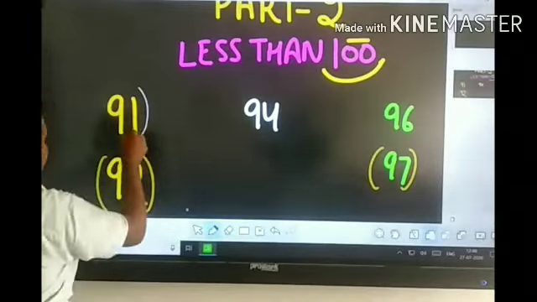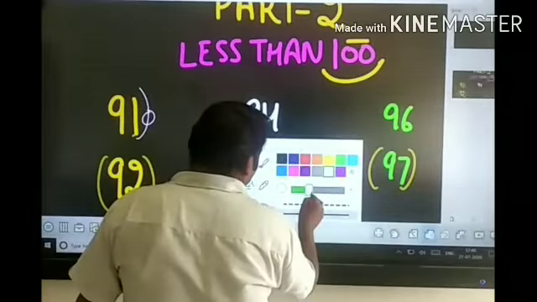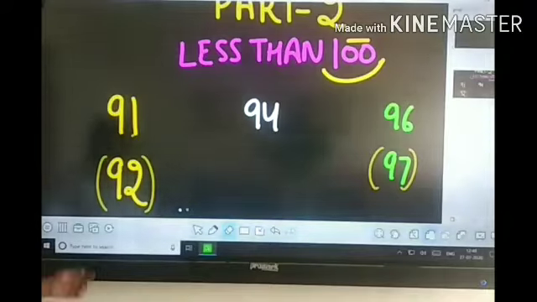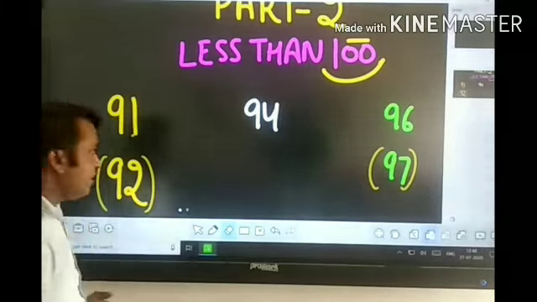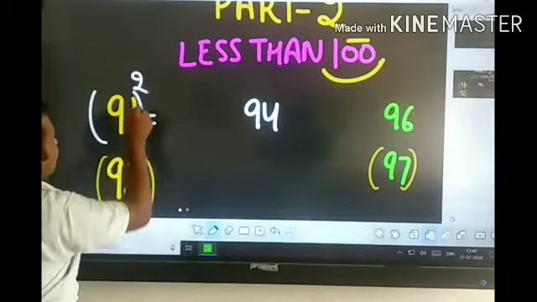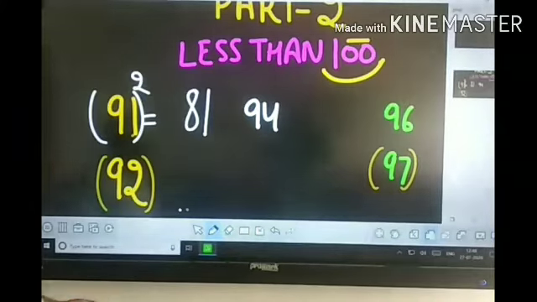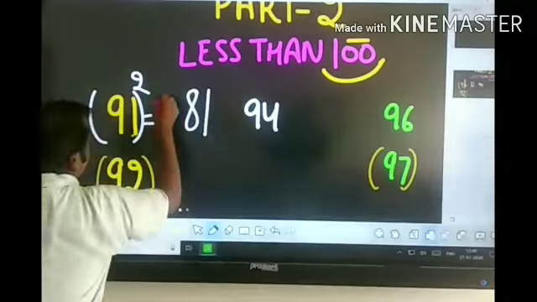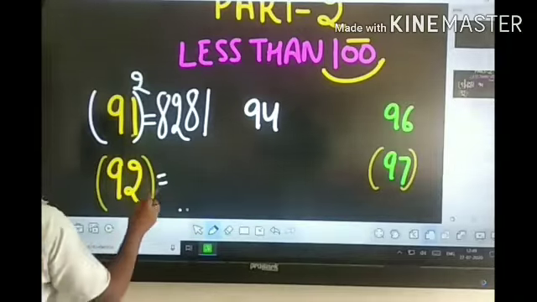Now you can see 91 square. 91 is how much less than 100? 9. So if we have to find the square of 91, then what will I do? I will square the 9, that is 81. Now I will subtract the 9 from the given number 91, that is 82. Now in this way we got the answer.